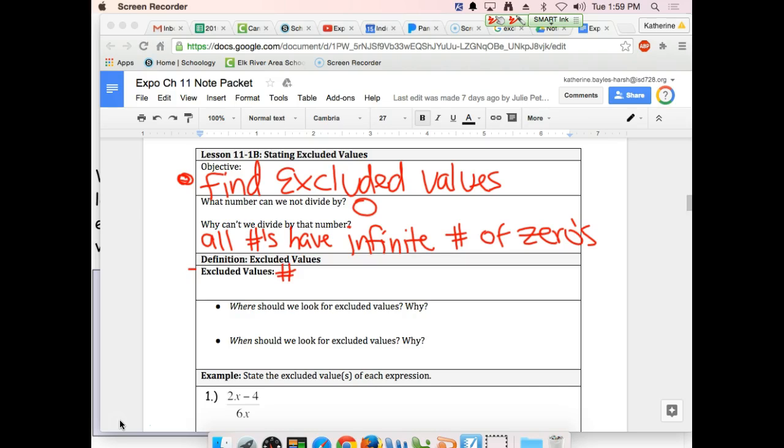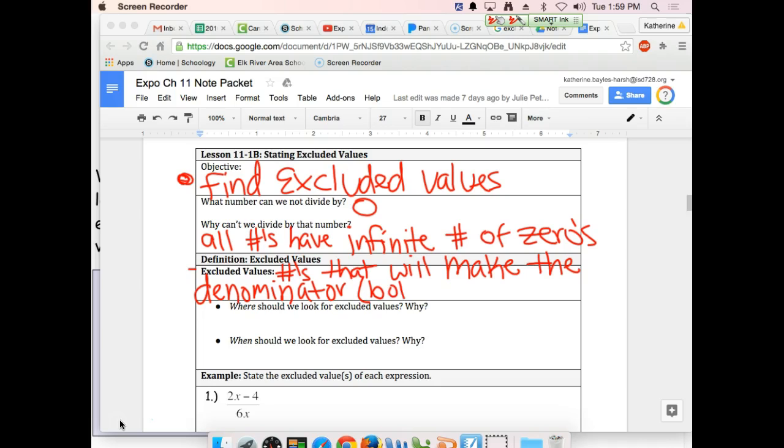These are numbers that make the denominator 0. And if you're someone who's like, what is a denominator, Bayles?